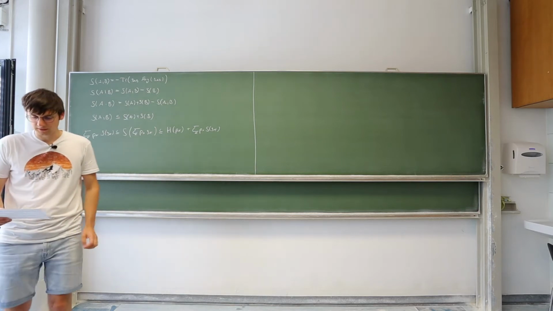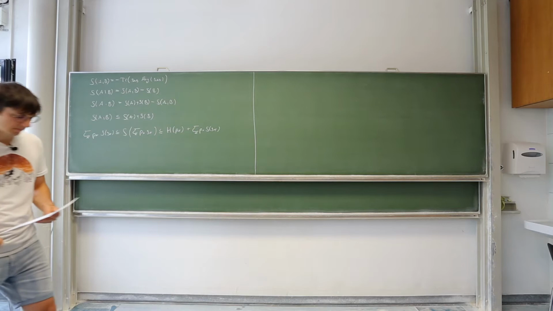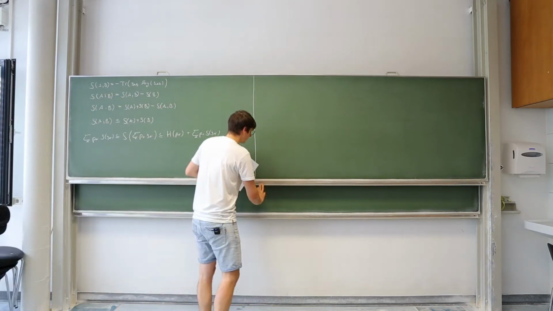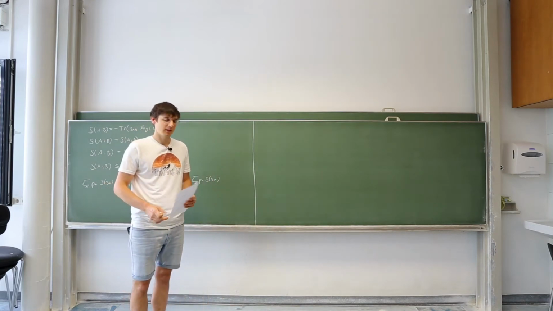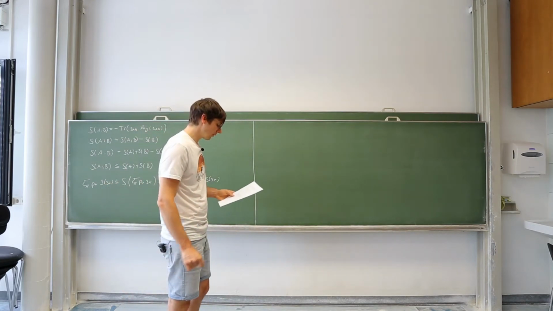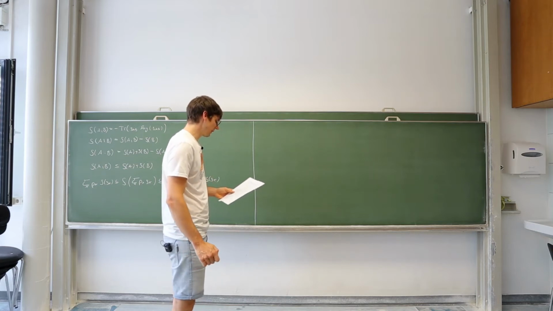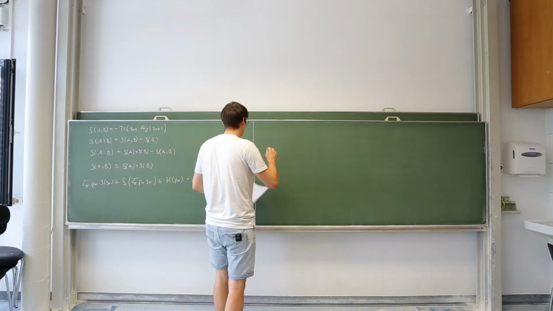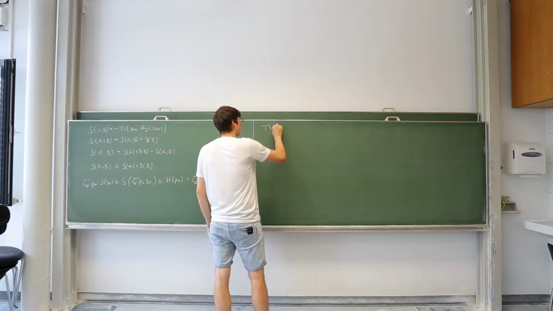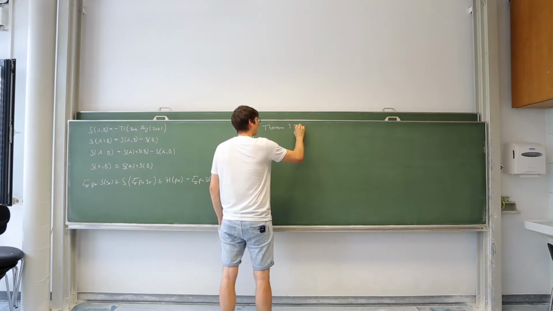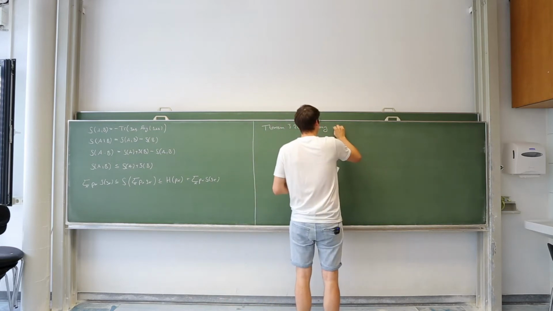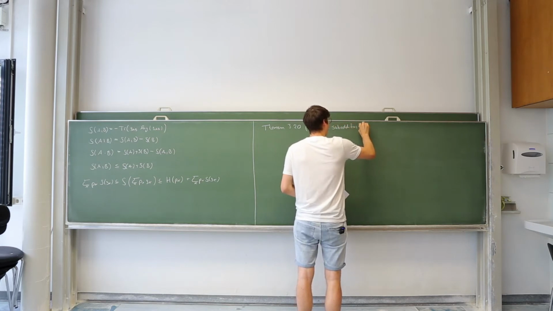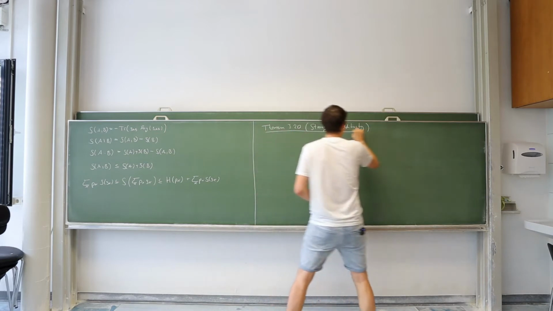Okay, we're now continuing with some more properties of the von Neumann entropy. Some of which we prove, some of which we don't. And we start with a very important property, the so-called strong subadditivity. So it's theorem 3.20, the strong subadditivity, as follows.